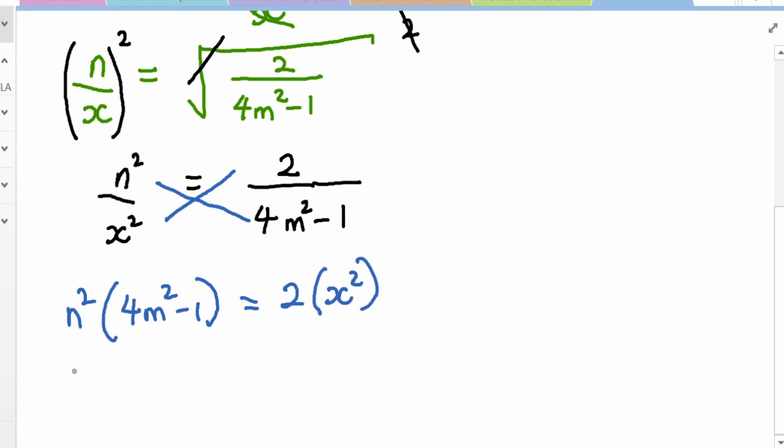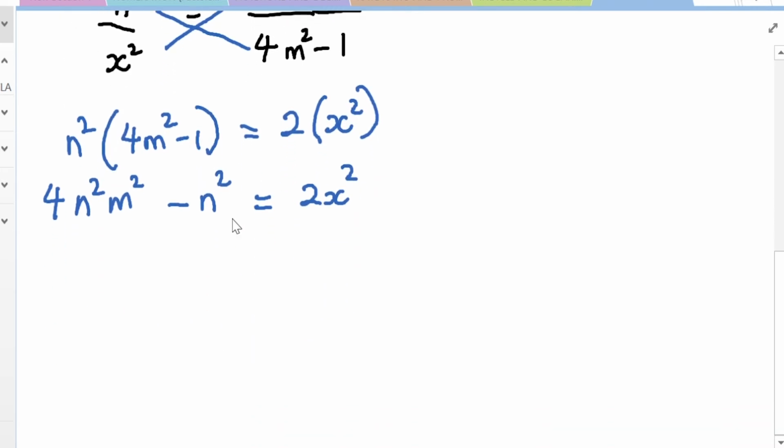So let's open brackets here, n squared times m squared, that is 4, minus n squared, we are just opening brackets, that's how it turns out, is going to be equal to 2x squared.